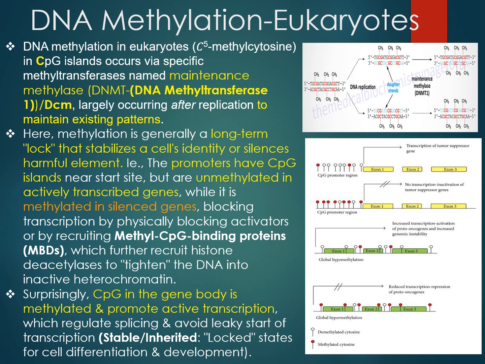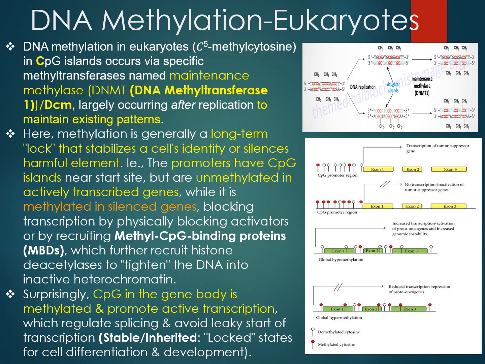The promoters have the CpG islands near the start site. This will regulate the gene expression. The unmethylated promoter will give active transcription, whereas a methylated promoter will silence the expression of the gene. It blocks the transcription by physically blocking the activators, or it will recruit another protein called MBD, methyl-CpG binding protein, which will recruit the histone deacetylase.